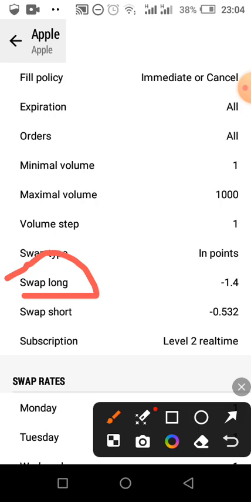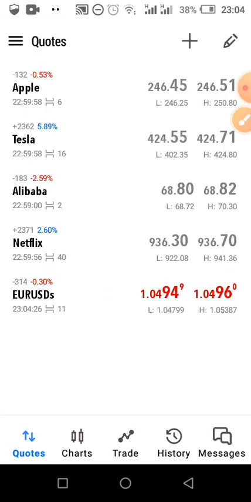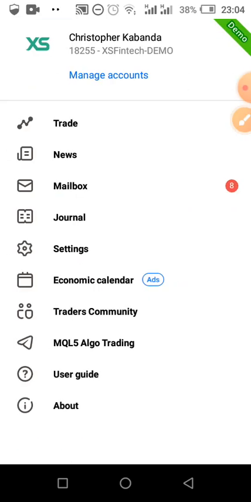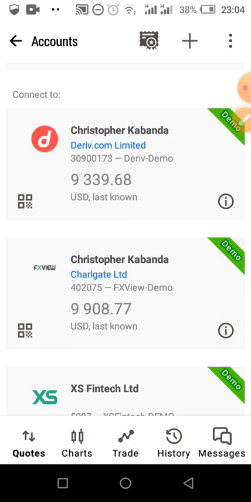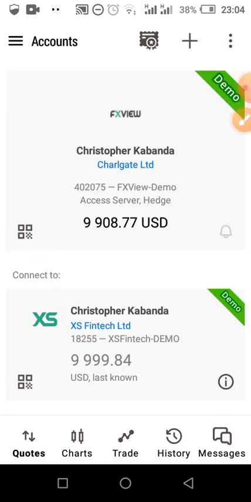if you extend your trade to the next day whilst it is still open, you would be charged minus 1.4. For stocks, I'm not sure exactly what it will be, but you can always open a trade on your demo account and see what the units will be. But for currencies, swap fees are usually charged as percentages of interest rates.